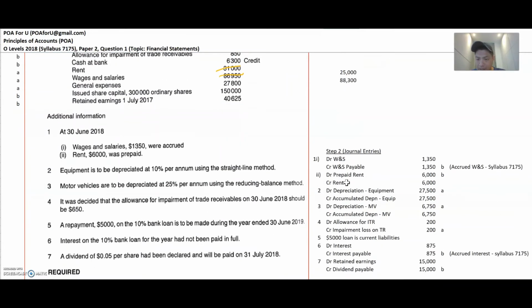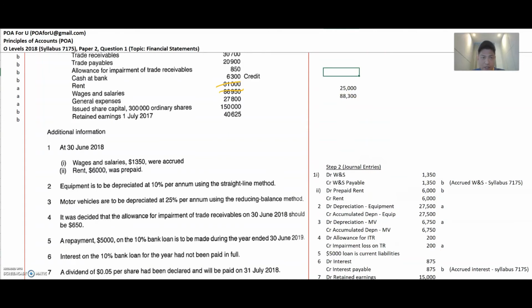Okay, next, allowance for impairment on trade receivables. I'm going to look for this account. It's here. And I'm going to take this as 850 minus 200. Okay, and the new number should be 650. I'm going to take this and cross it out.